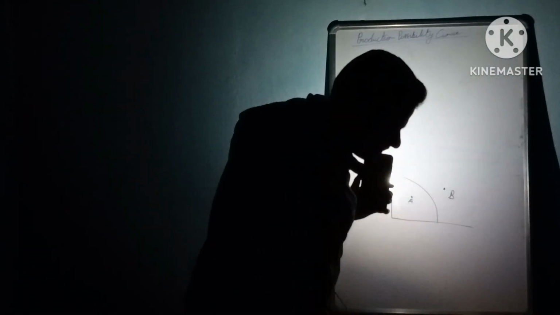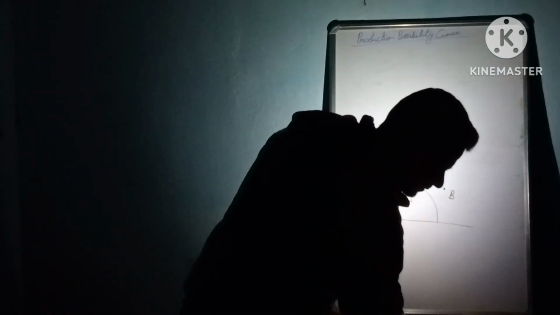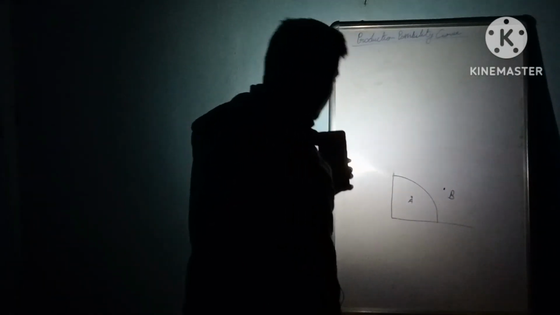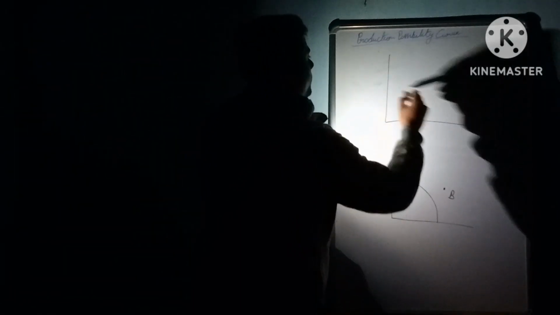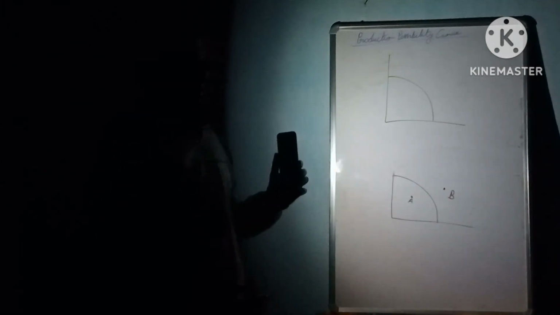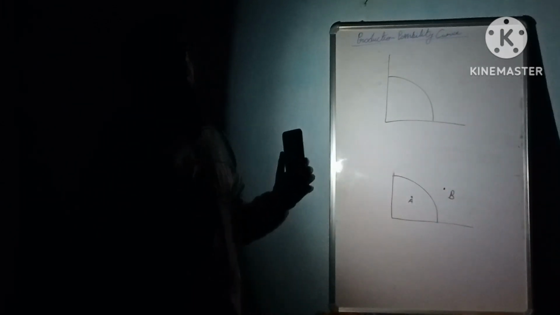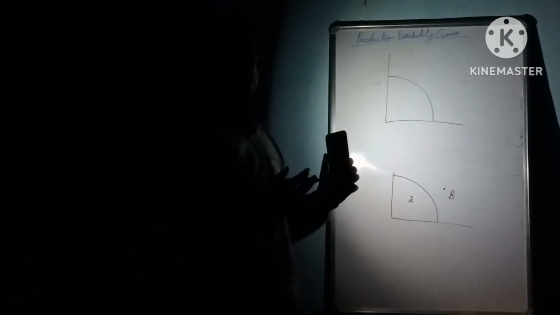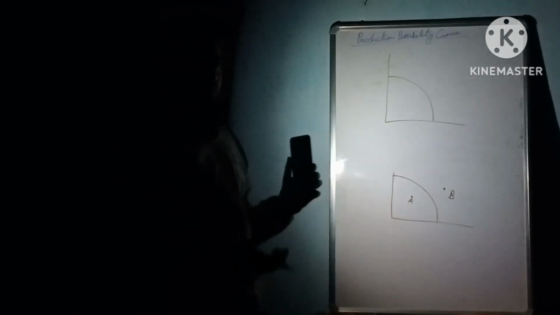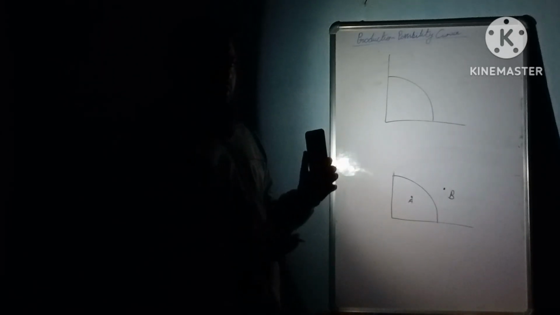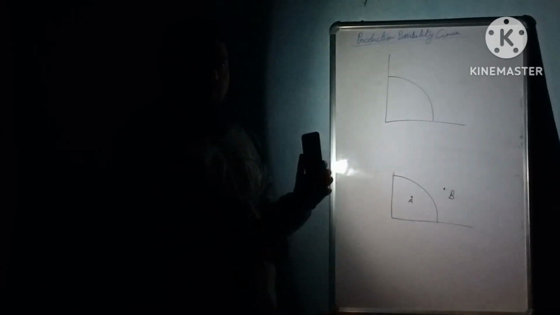Next, can the production possibility curve shift? Yes, it is possible. For example, if this one is the production possibility curve, and technology advances so that we can produce the same amount of product with fewer resources, then with the given resources we can produce more.